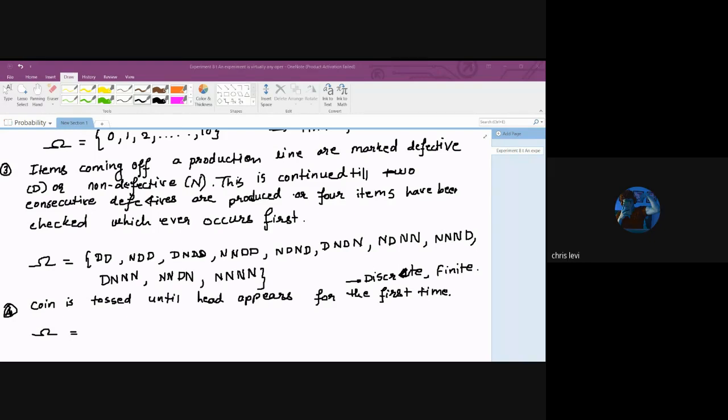So the sample space will be head, then tail head, then tail tail head, then tail tail tail head, until infinity.